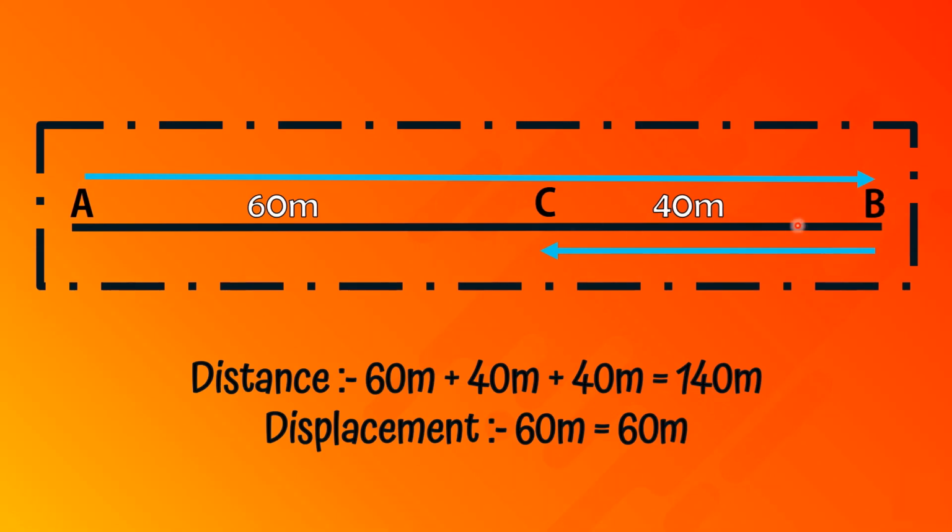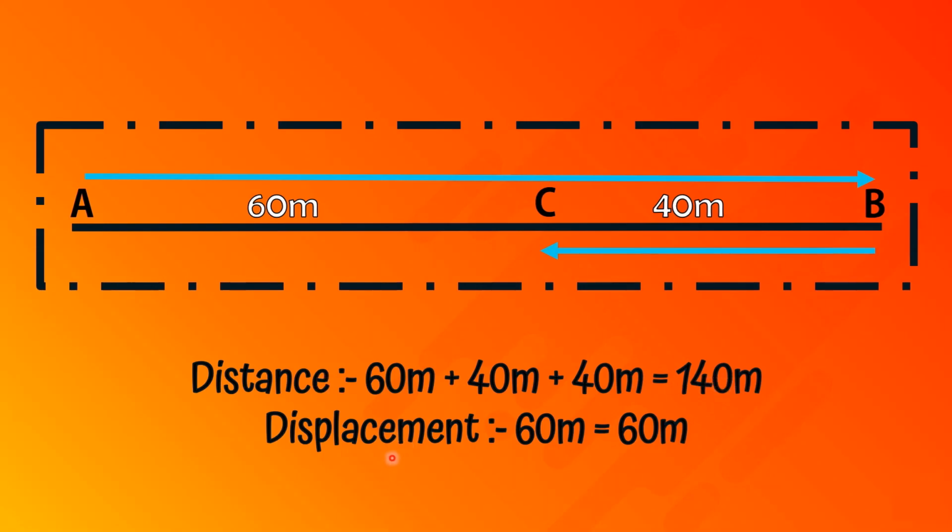A to B is 60 meters, and again to C means we need to add another 40 meters to find the distance. 60 meters plus 40 meters plus 40 meters equals 140 meters.